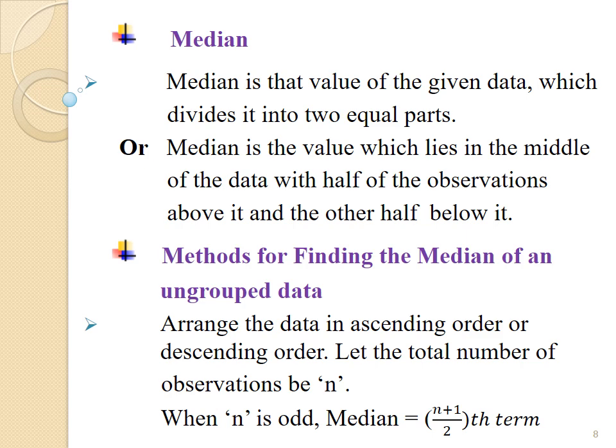Median. Sometimes we have situations where mean is not the convenient method for finding central tendency. There we use another method, which is median. For example, in a class of 31 students, we want to find out average height.